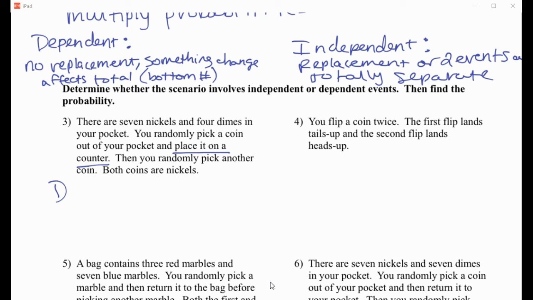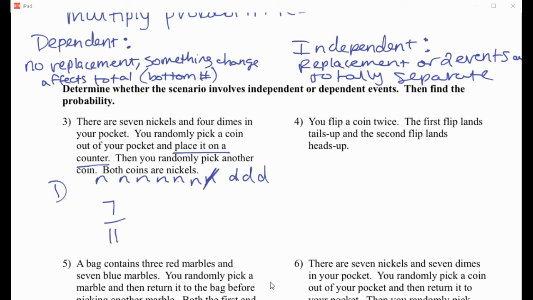Both coins are nickels. So the first draw, the chance of getting a nickel is 7 out of 11. But then you take one of the nickels away. So you have 7 nickels, now 6, and 4 dimes.